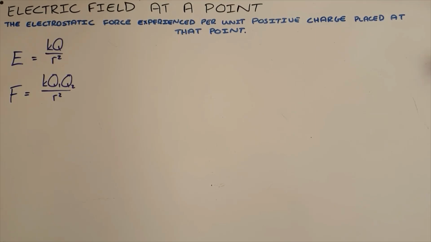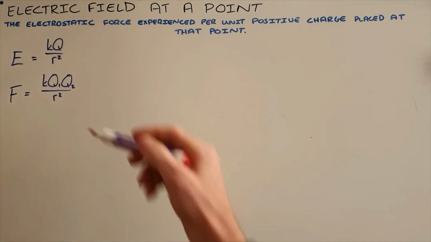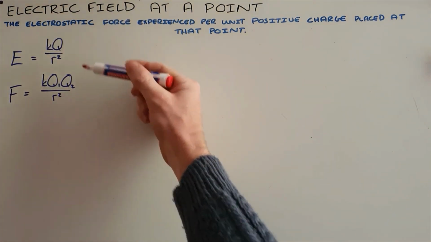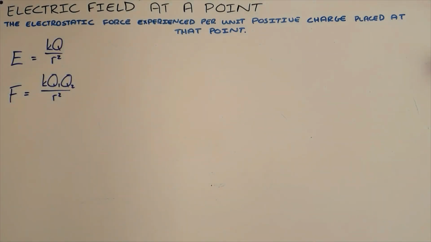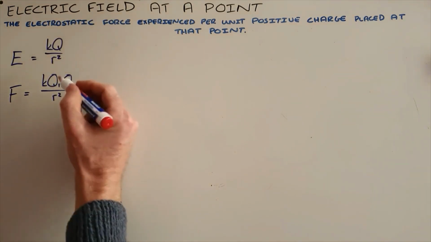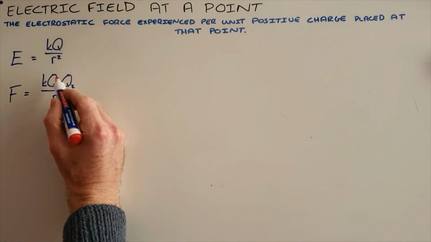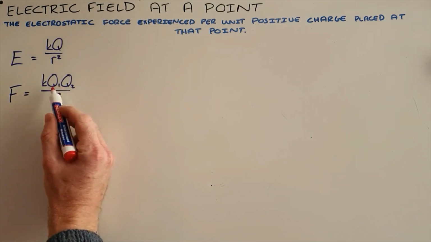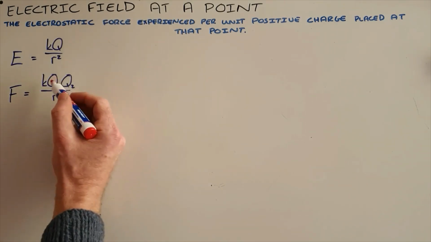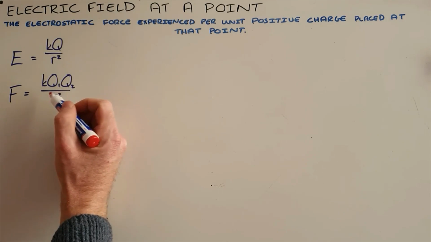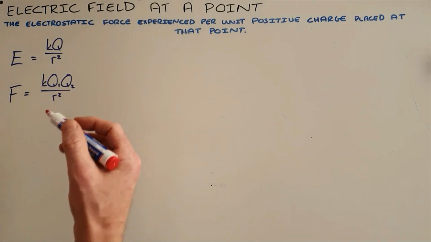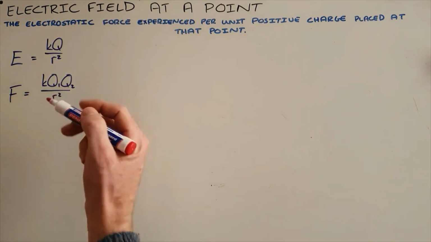The electric field at a point is the electrostatic force experienced per unit positive charge placed at that point. The formula for electric field at a point can be derived from a combination of Coulomb's Law and our original electric field formula, where Coulomb's Law explained to us that the force between any two charges, Q1 and Q2, is directly proportional to the magnitude of those charges and inversely proportional to the distance of separation squared.